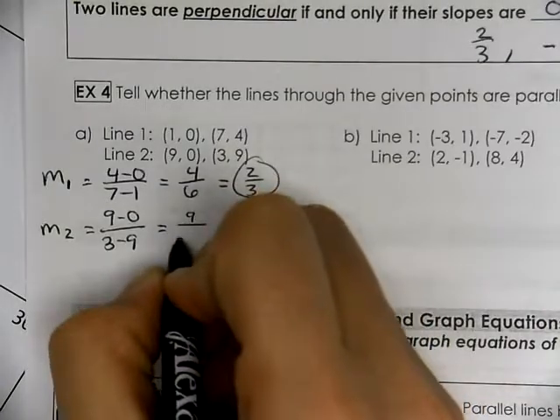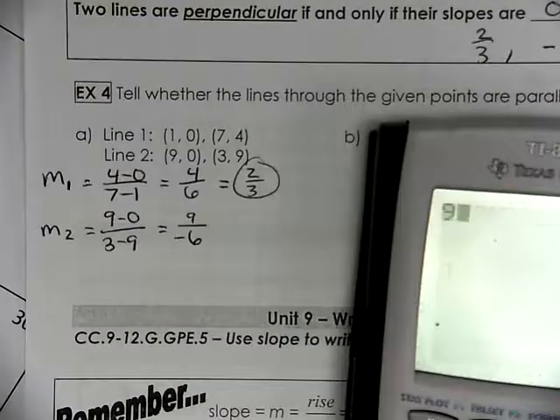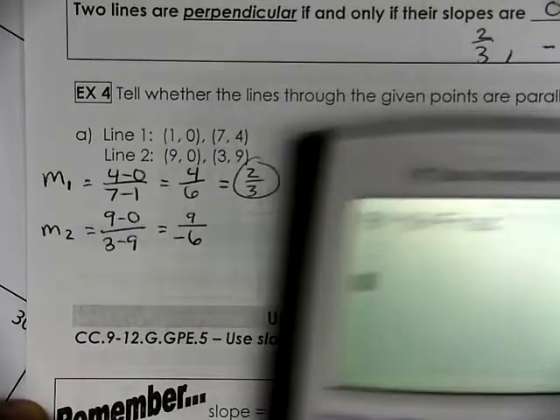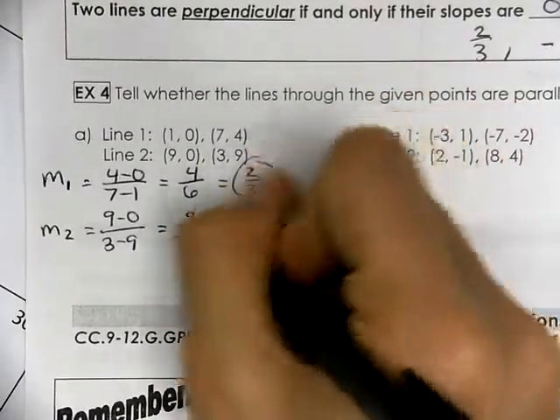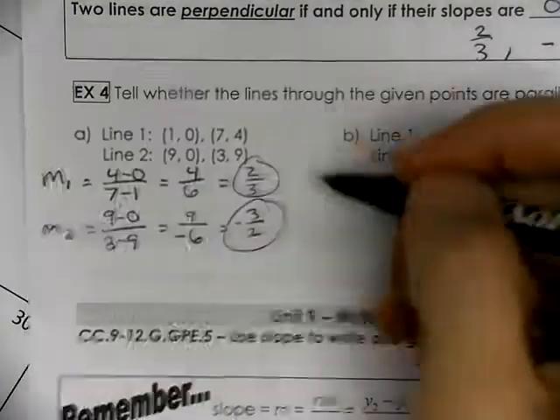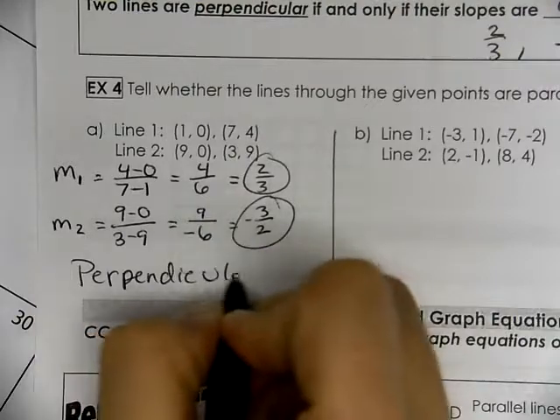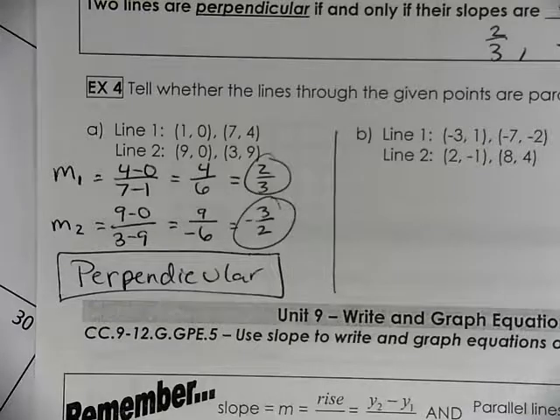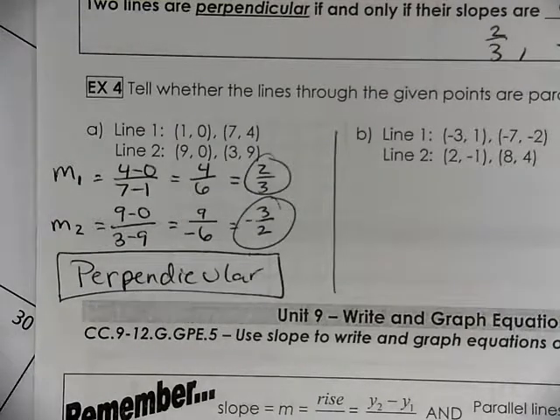So 9 over -6. Like I said, if you get confused, go to your calculator, hit math, frac. -2/3. No, I mean -3/2, sorry. So these would be perpendicular. I probably shouldn't use that example anymore. Now when I see your homework tomorrow, I should see both slopes and then an answer. Don't just give me the answer.